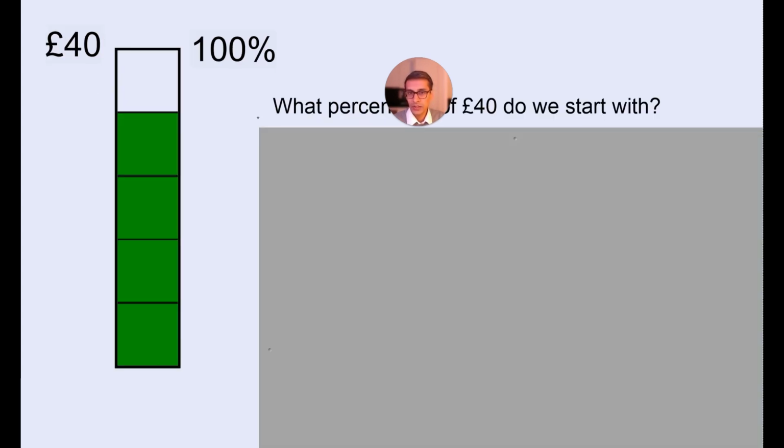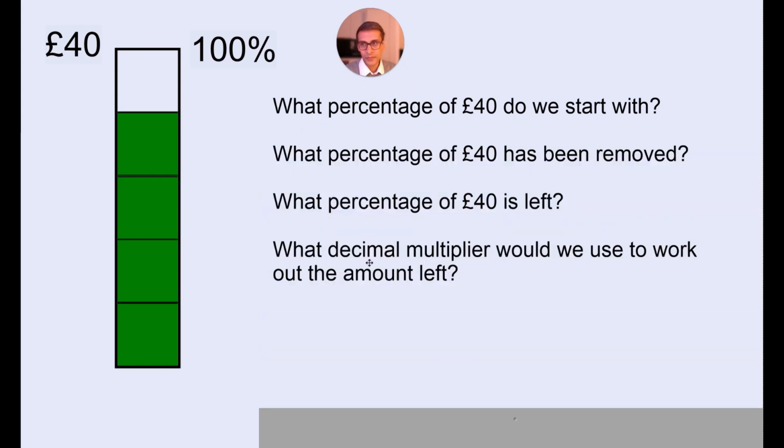Right, let's look at another example. Now you can see something's been taken off here. Have a go at answering all of these questions, and then I'm going to show you the answer in 3, 2, 1. So pause the video if you need more time. So what percentage of £40 do we start with? Well, we can see we start with 100%. What percent has been removed?